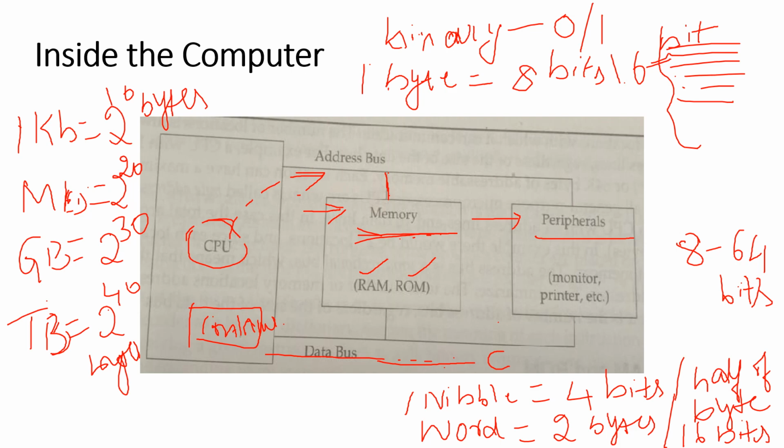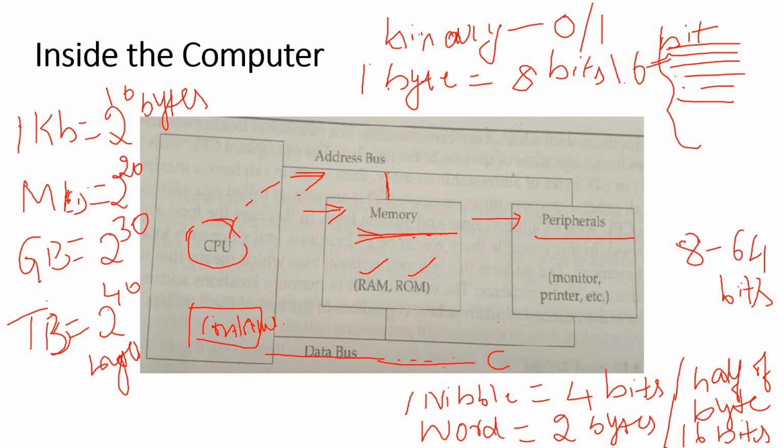Now with respect to memory, we have to understand the different types. Basically we know there is primary memory and secondary memory. Primary memory is random access memory, RAM, and secondary we term ROM, that is read only memory.